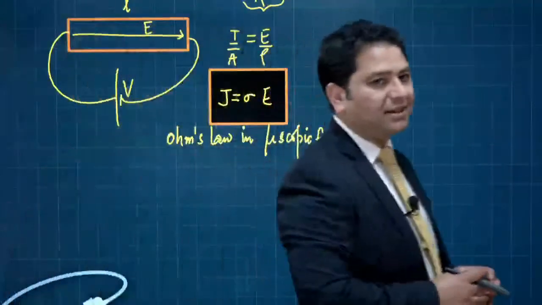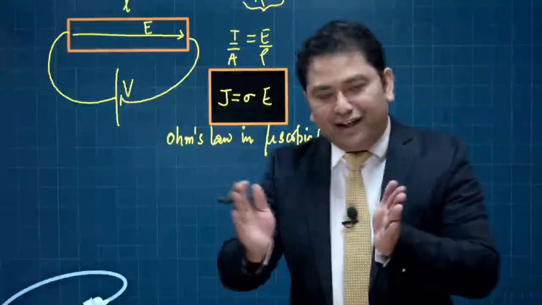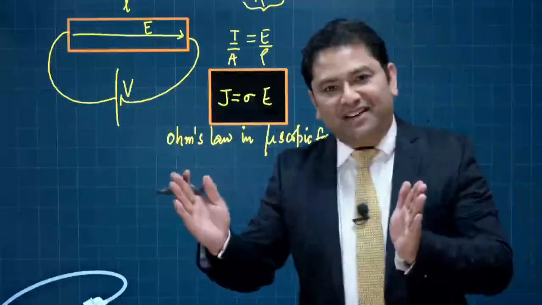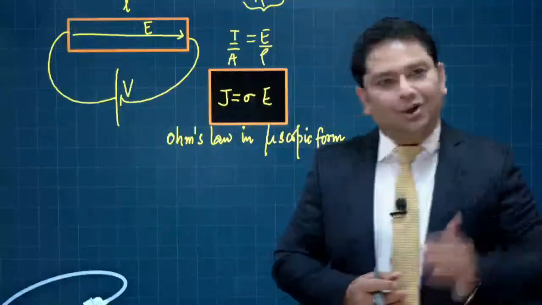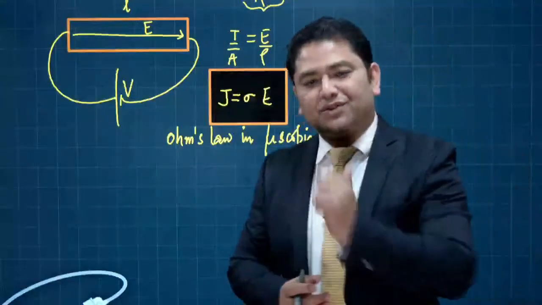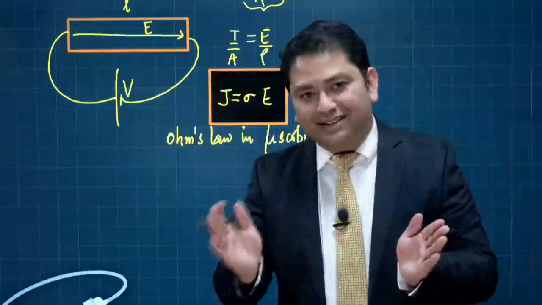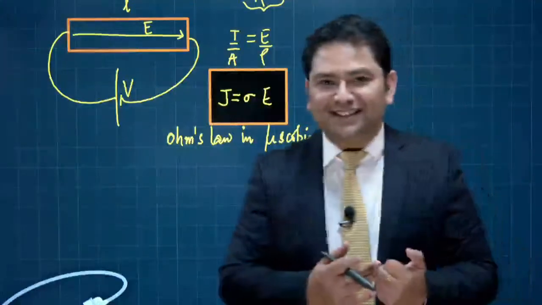So let's talk about the direction. Listen carefully, right? In whichever direction the electric field is, positive charge flows in the same direction. And in whichever direction the positive charge flows, actually the direction of the current is the same. And the direction of the current is the direction of the current density.